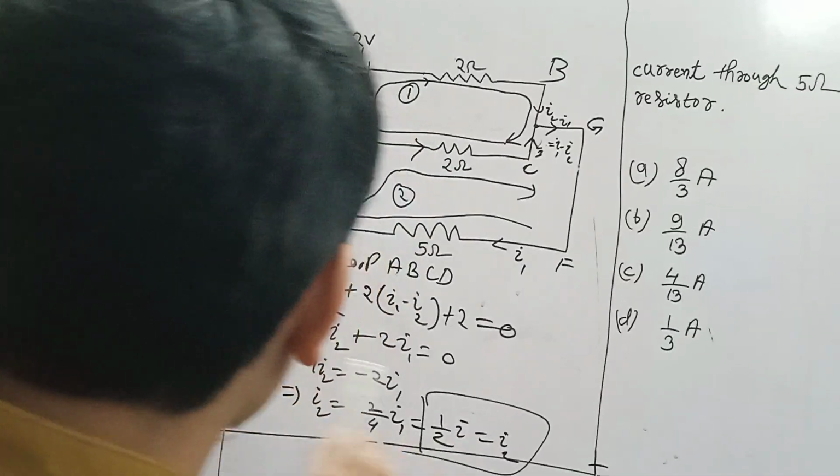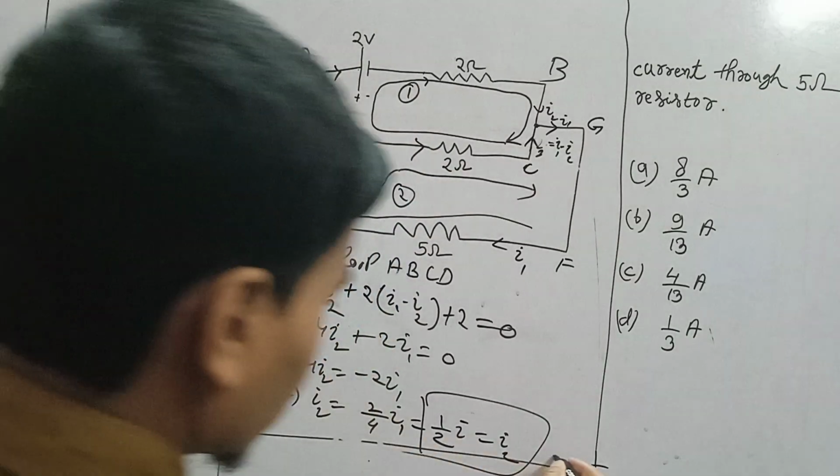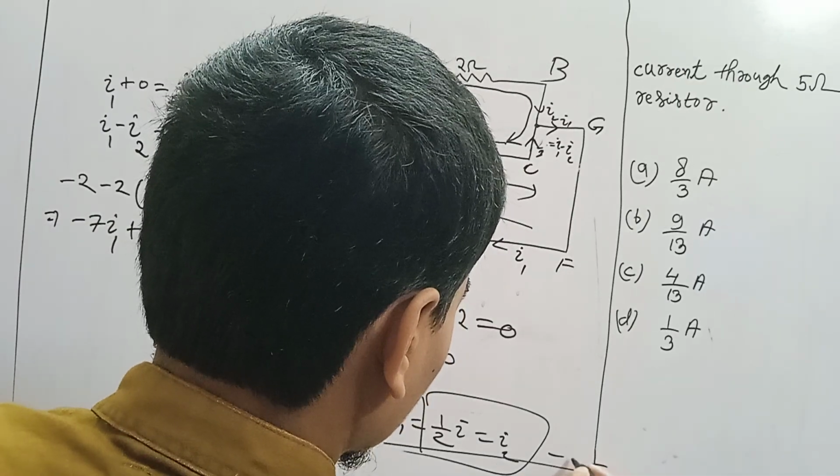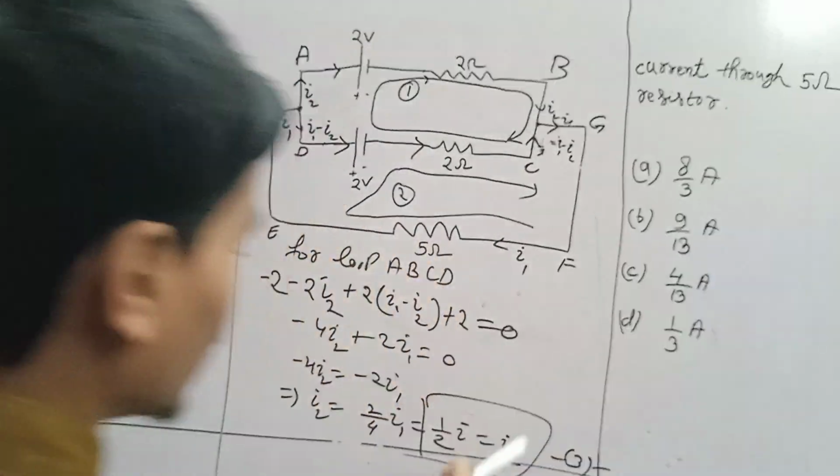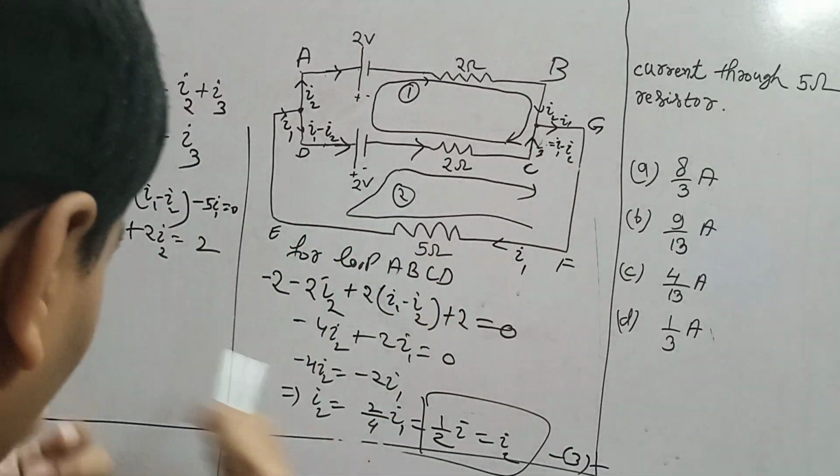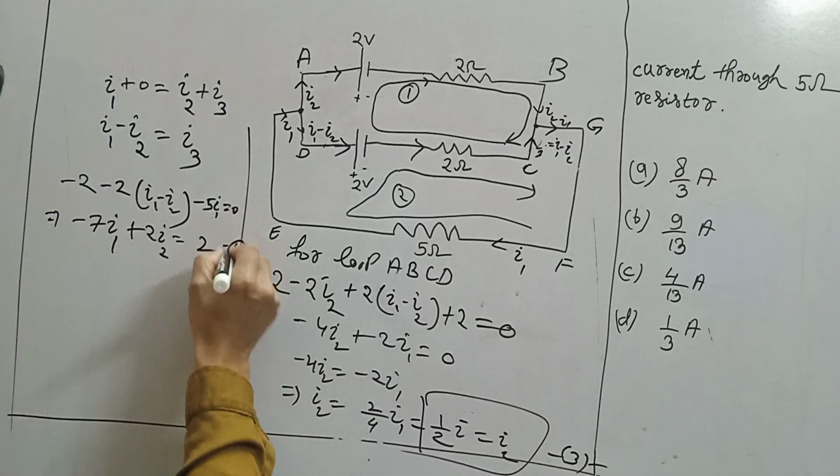I2 is half of I1, so this is equation 3. We put this I2 value in equation 4.